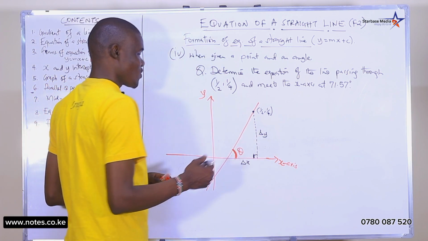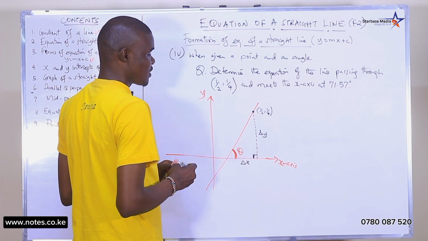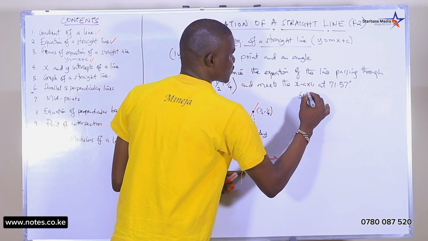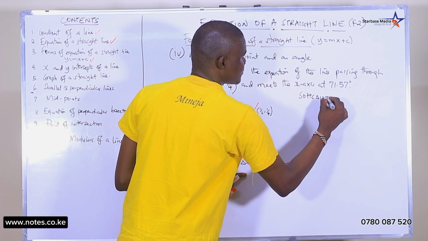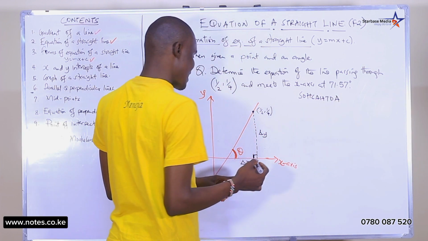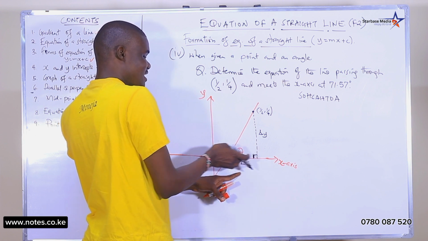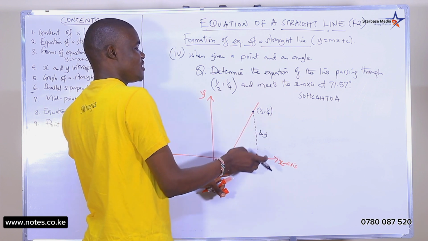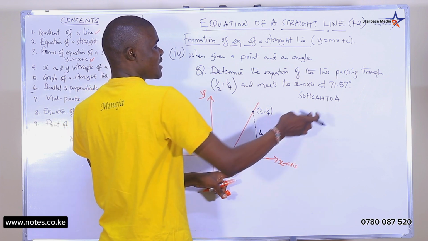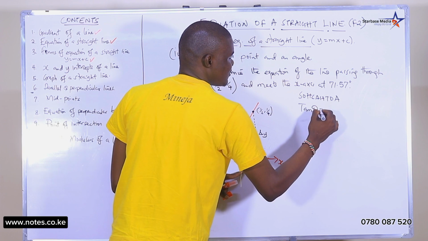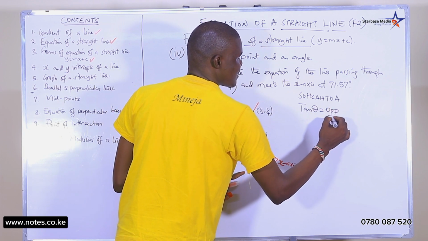So from SOHCAHTOA, we'll talk about SOHCAHTOA later so that you understand. But for the basis of this, when you have an adjacent line and an opposite, the only formula you can use there is tan. So tan of theta equals opposite over adjacent.